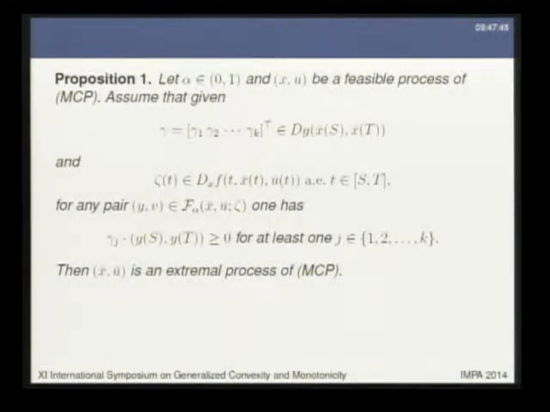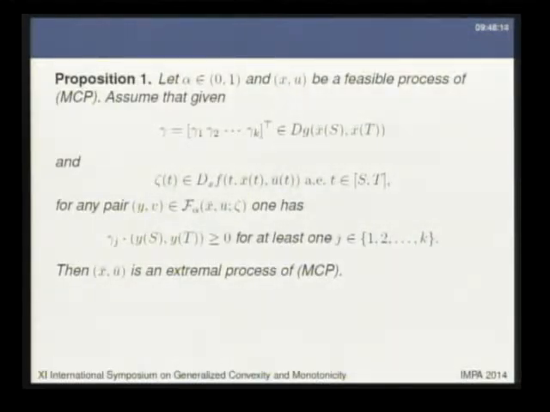This is a proposition which is an auxiliary result for us to establish one of our main results, but it can be seen also as a characterization of extremal processes. So let alpha be a scalar in the 0-1 interval, X bar U bar a feasible process of the problem.